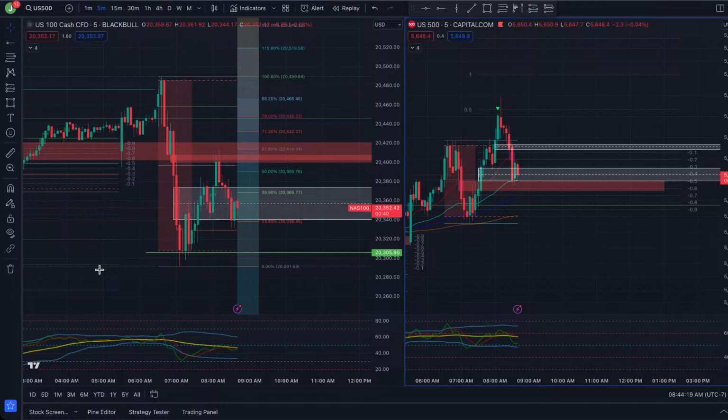$43 left in the candle close. Let's see if this closes above that consequent encroachment.